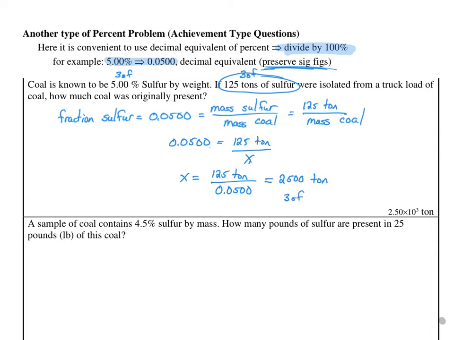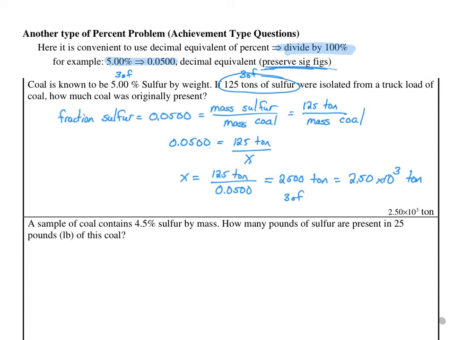Now, to express 2,500 ton using 3 sig figs, the only way to do that is to use scientific notation. So our final answer is 2.50 times 10 to the third ton. Note that we have the correct sig figs and a unit.